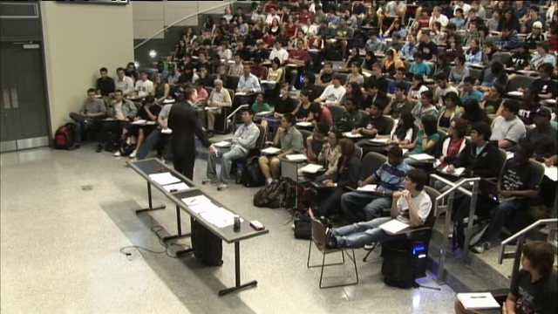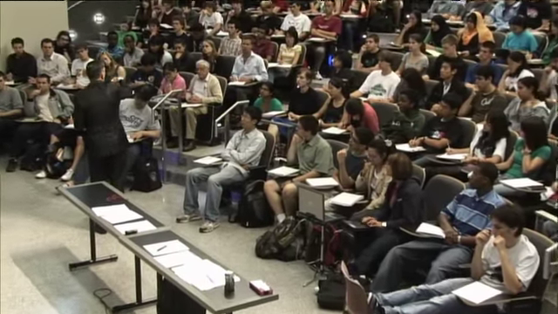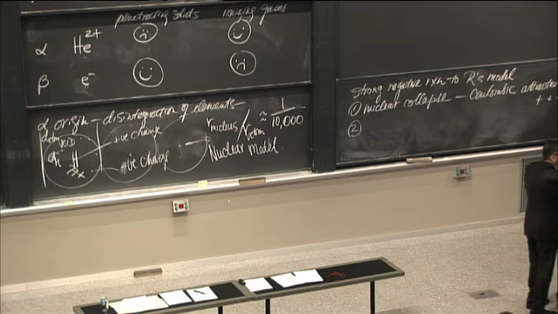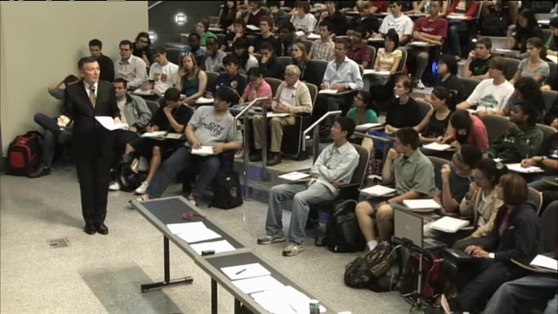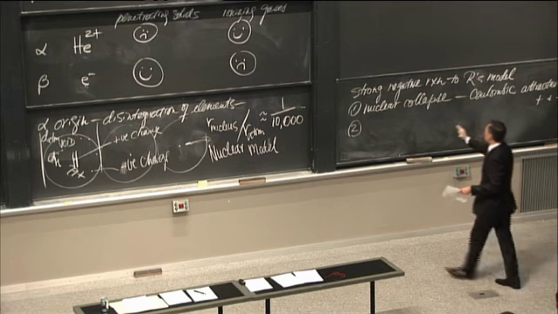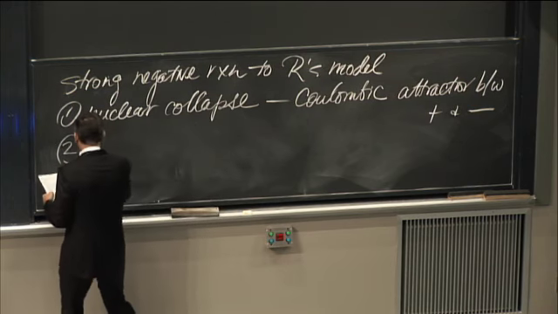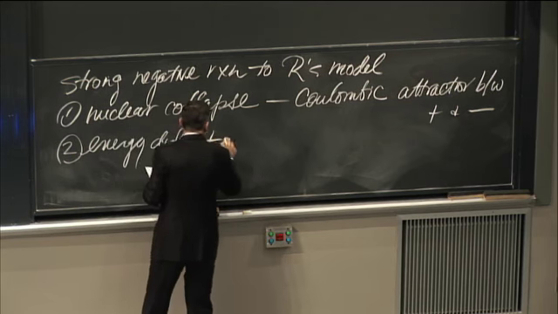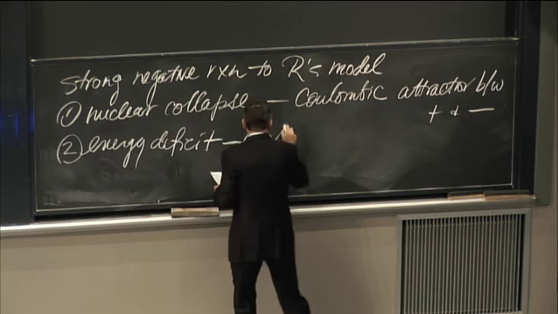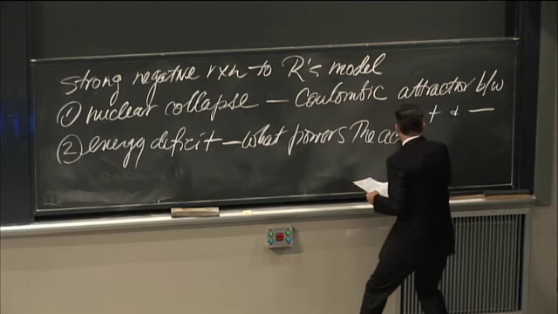So if the electron is revolving at a constant speed, it has to change direction, otherwise it'll fly out of the room. So changing direction means acceleration, which means, what keeps the energy in the electron? Why doesn't the electron just run out of energy and stop? Even if you can prevent it from collapsing, it'll just stop. So this is the problem of energy deficit. What powers the accelerating electron?